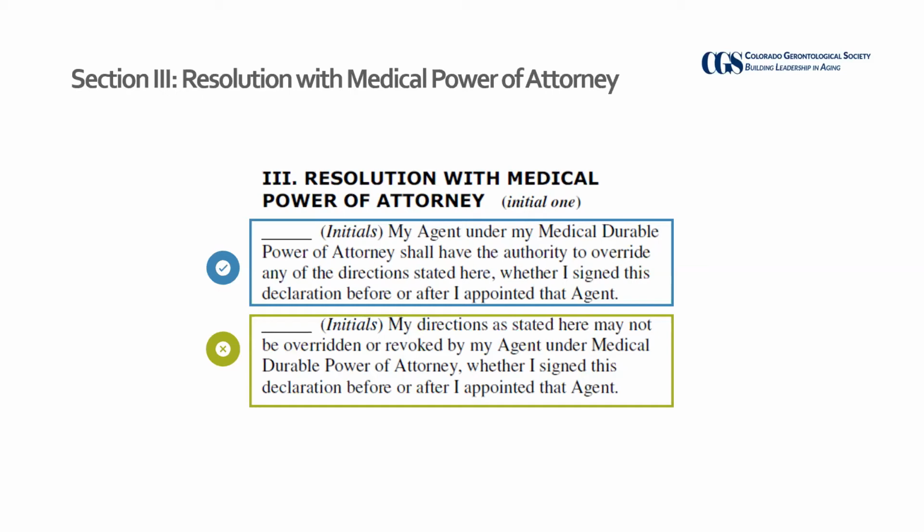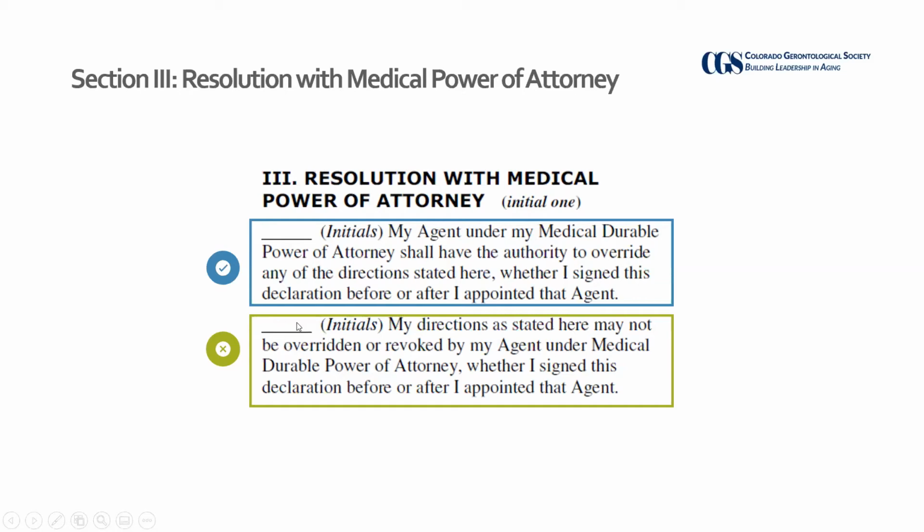So if that is what you want and want to give your agent under your medical durable power of attorney the ability to have that flexibility based on whatever the situation is, you could go ahead and initial here under this blue box. If you want your living will to be used exactly as you have completed the document, then you want to initial the second option.